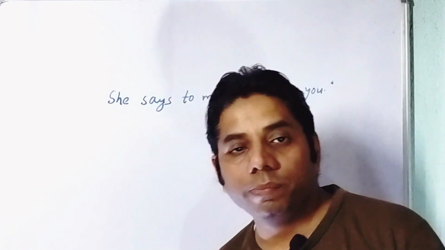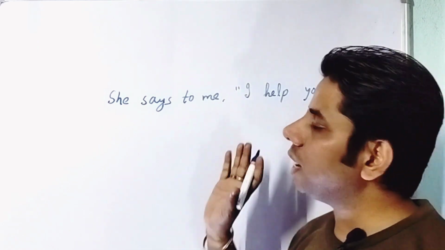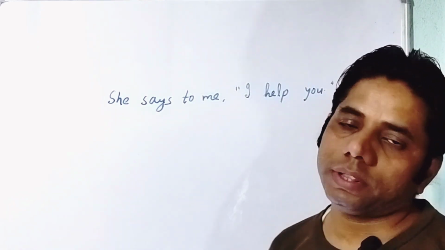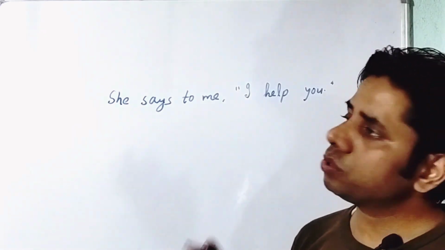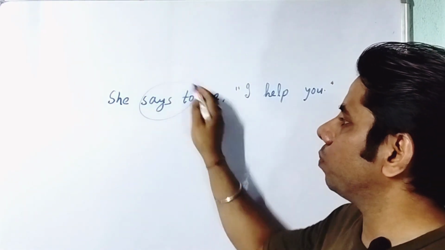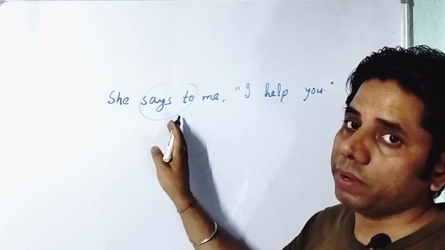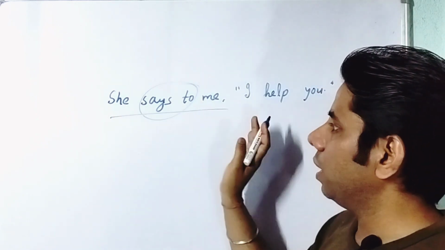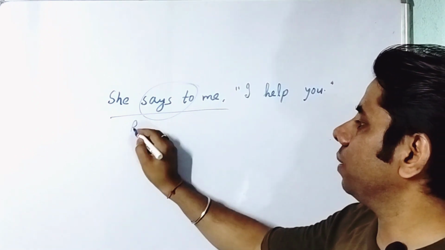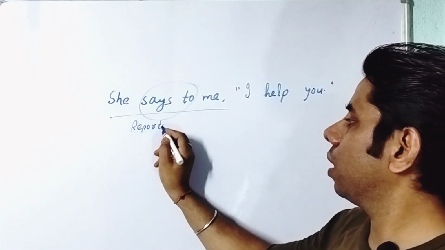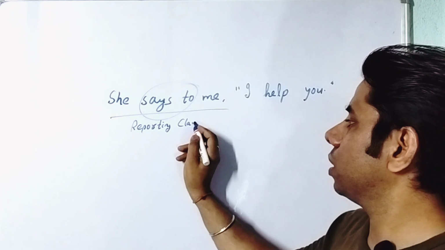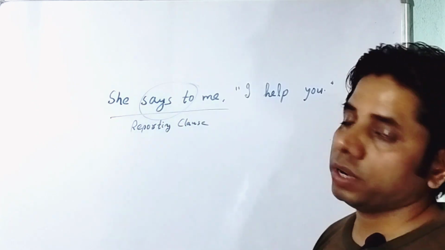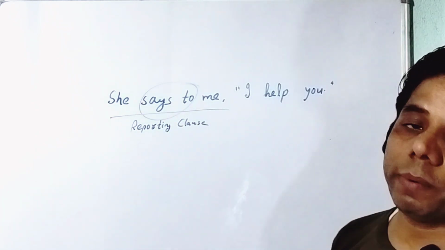Listen, the most important thing when you are converting a sentence from direct to indirect is that the first thing you have to focus on is this group of words. We know very well about this part. This group of words is known as the reporting clause, and you know very well about the clause.